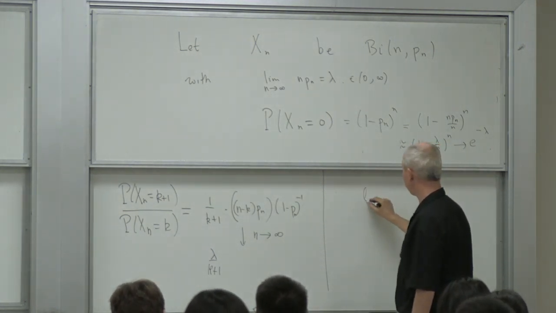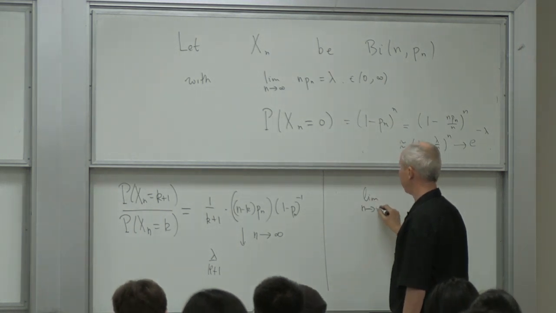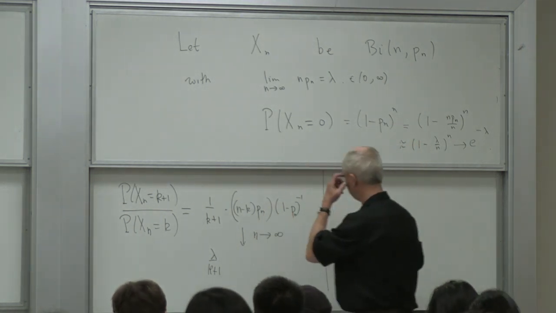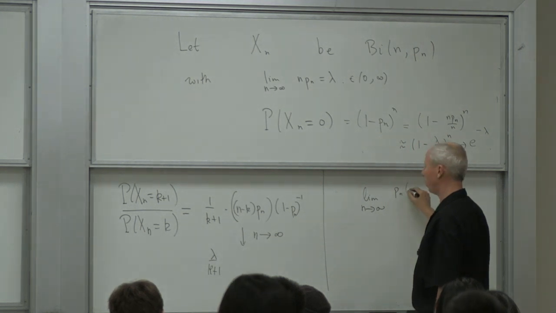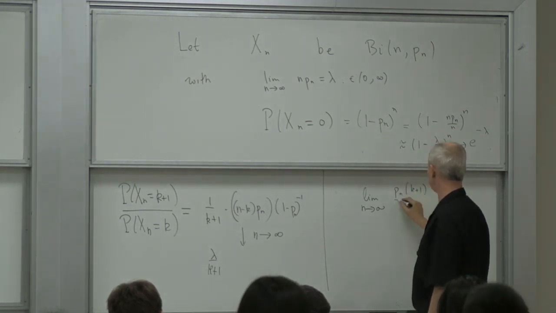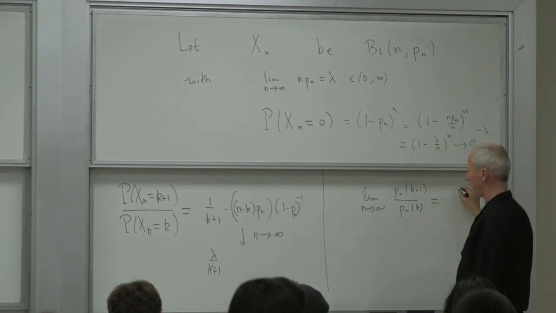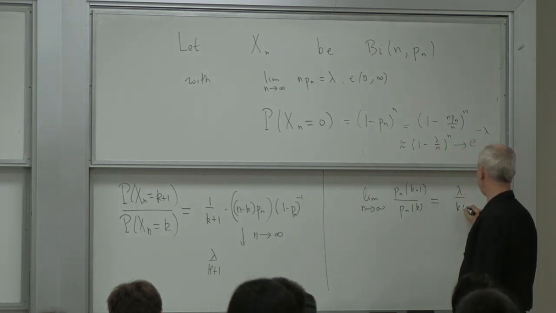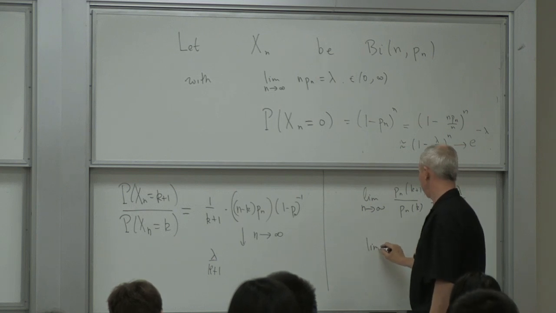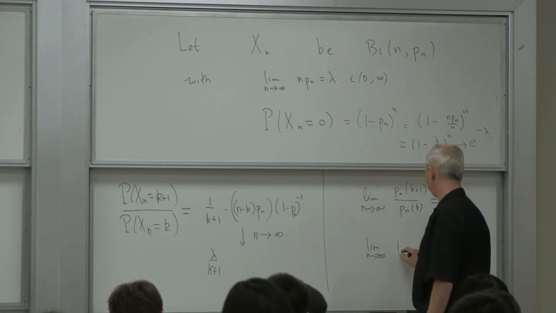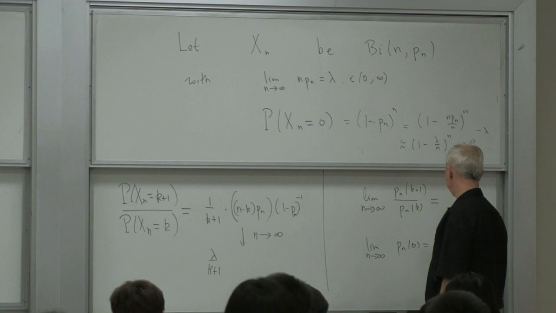So we know this so far. Limit as n goes to infinity, pn of k plus 1 over pn of k is lambda over k plus 1. And the limit as n goes to infinity, pn of 0 is e to the minus lambda.